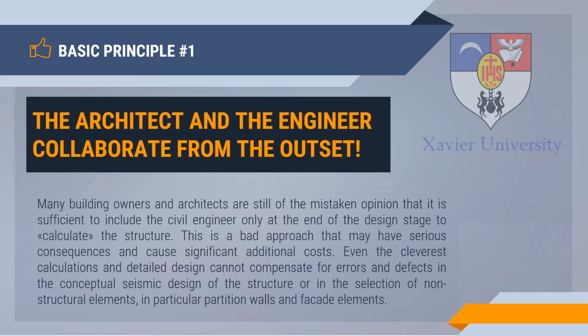Even the cleverest calculations and detailed design cannot compensate for errors and defects in the conceptual seismic design of the structure or in the selection of non-structural elements, in particular partition walls and facade elements.